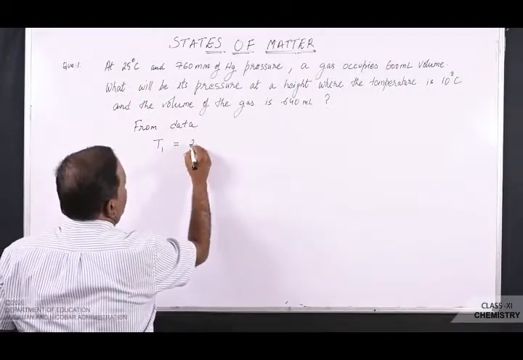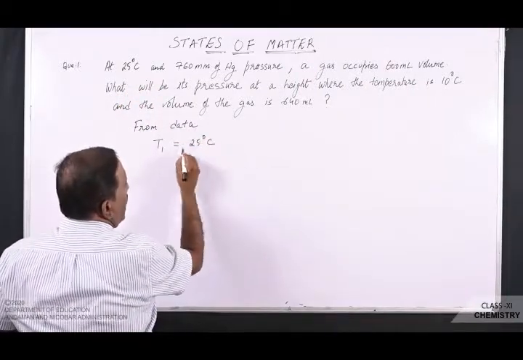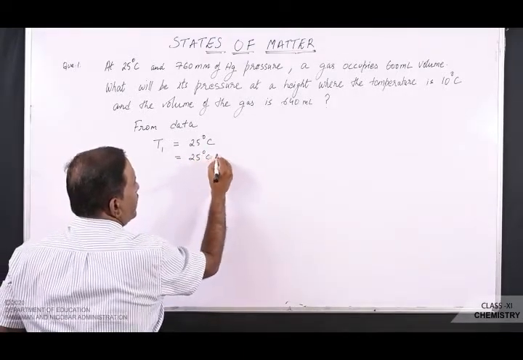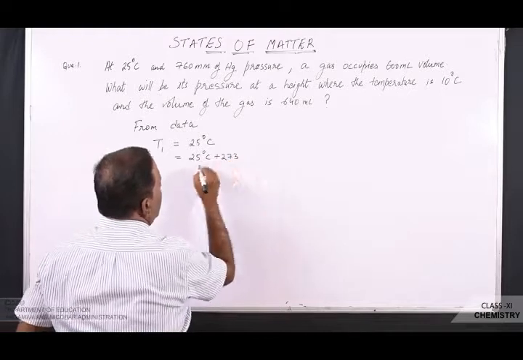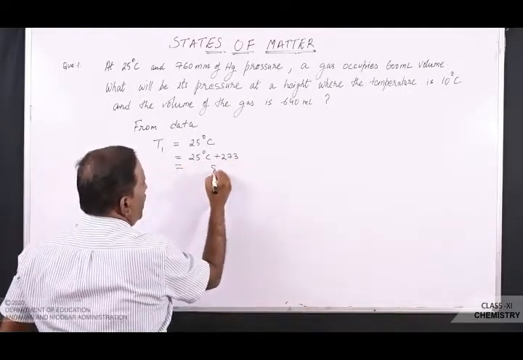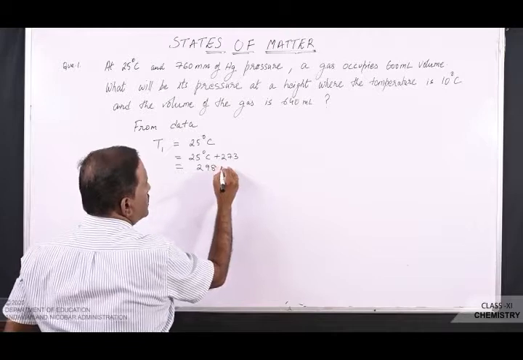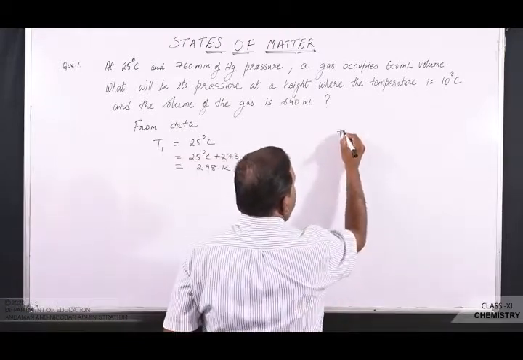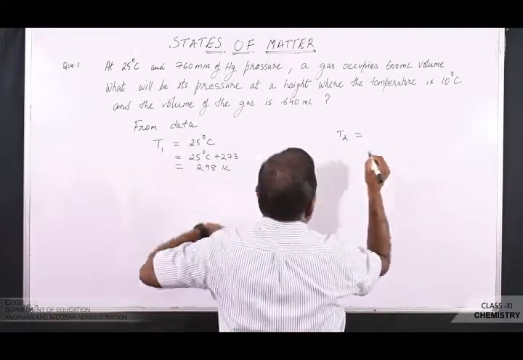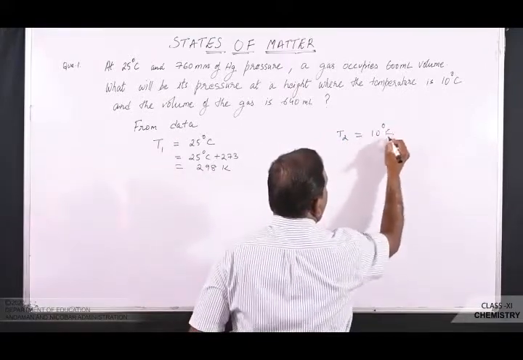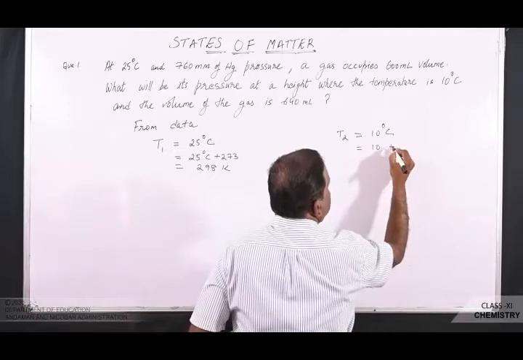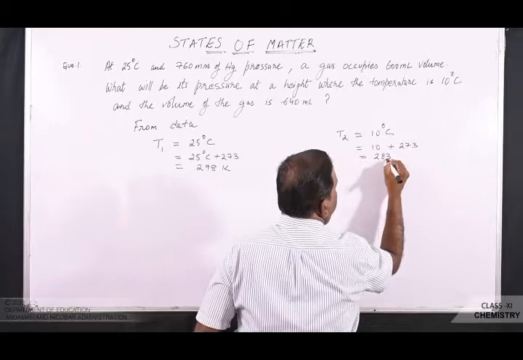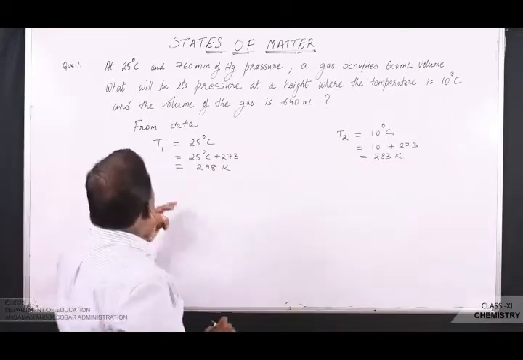T1 is 25 degrees centigrade. I'll change into Kelvin: 25 plus 273, that is 298 Kelvin. T2 is 10 degrees centigrade, similarly 10 plus 273, that is 283 Kelvin.